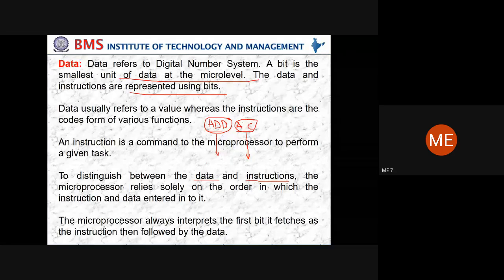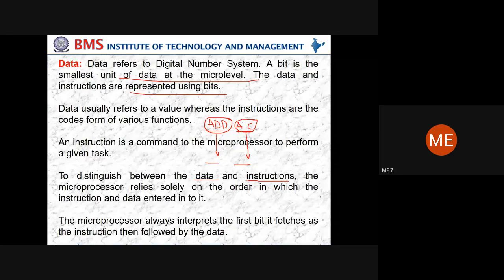For the microprocessor, it will see only binary numbers, something like 010111. That's it, simple. Now the question is how the microprocessor will understand whether what it is reading is an instruction or data, because all of them are represented in the form of binary numbers only.